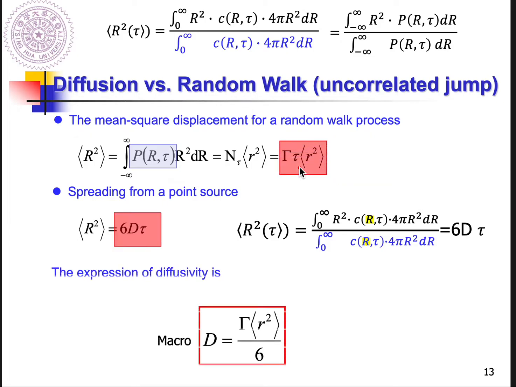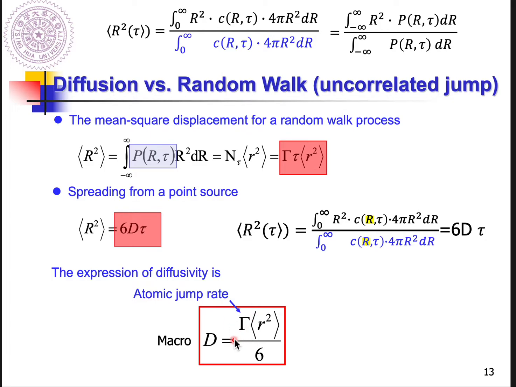So this is the same. We get that the diffusivity of the material, which describes how fast the diffusing atoms move in your material, is proportional to the atomic jump rate.